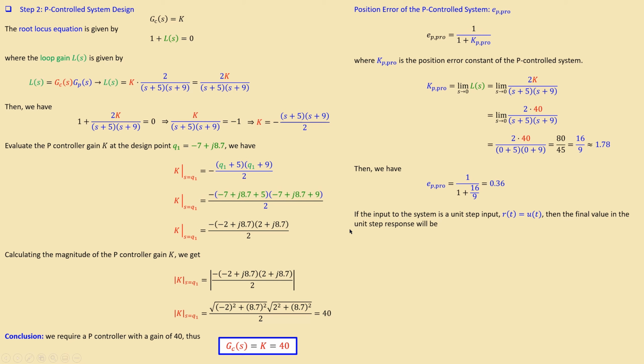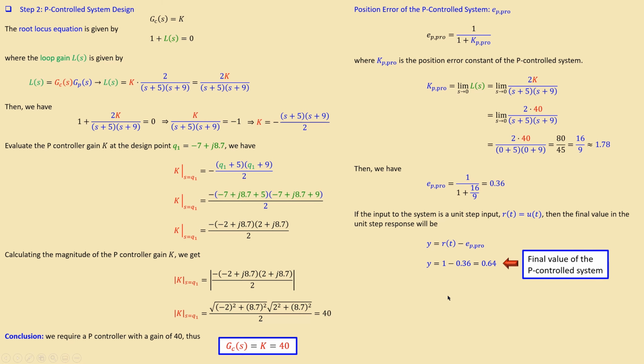That means 1 minus 0.36. So this is what you will read in your step response as the final value, or the steady state value. This is the final value of our P controlled system.